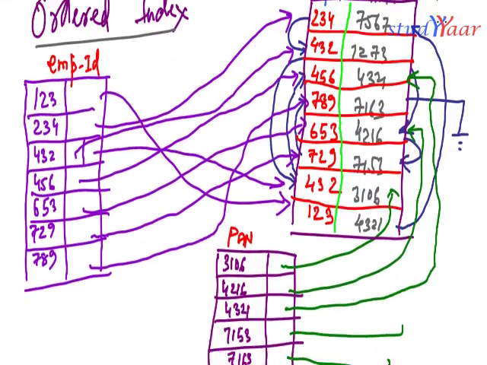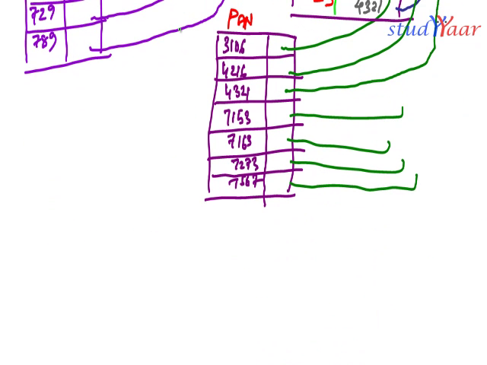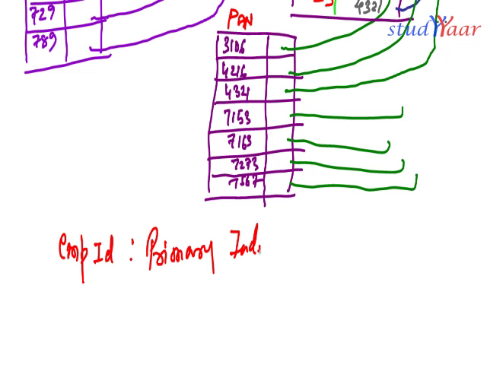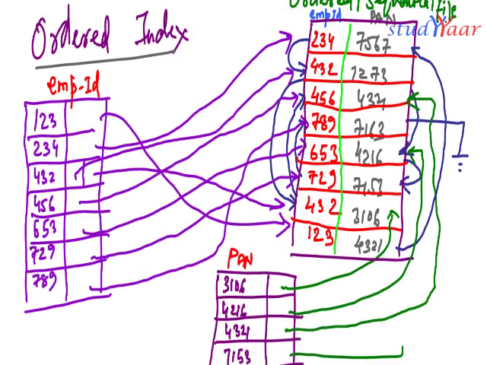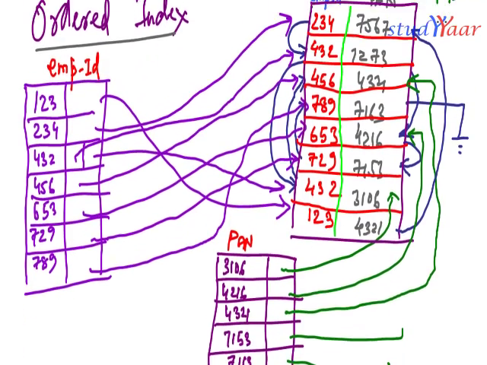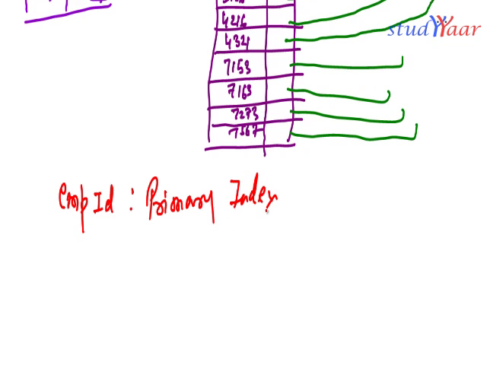So in such a case, I call the employee ID index as primary index. Why? Because an index which is created on the basis of an attribute value which is used to sequentially arrange the file is known as a primary index.